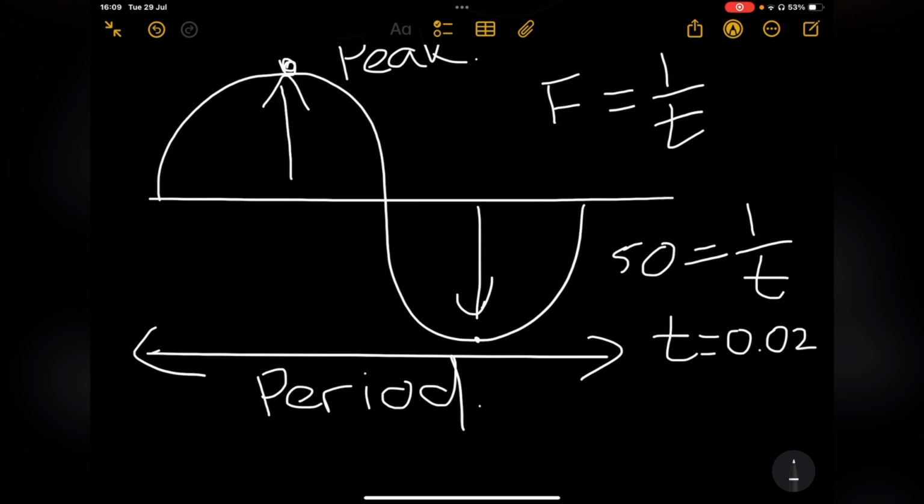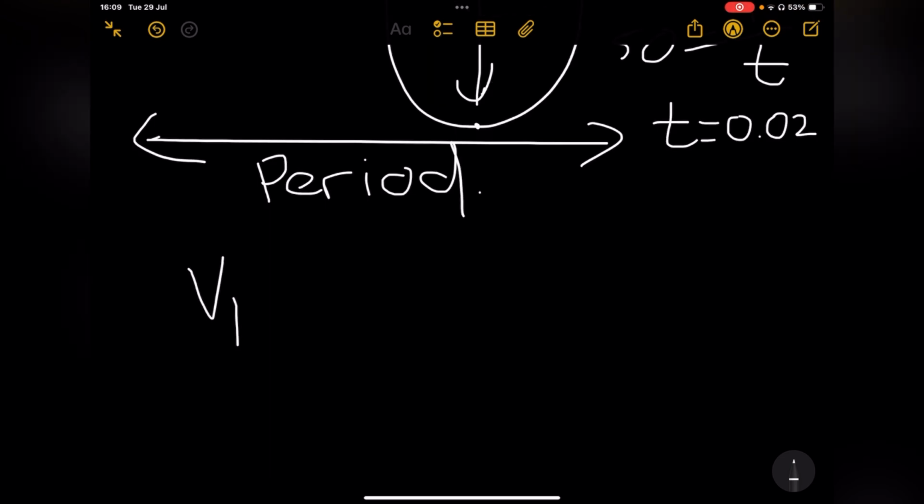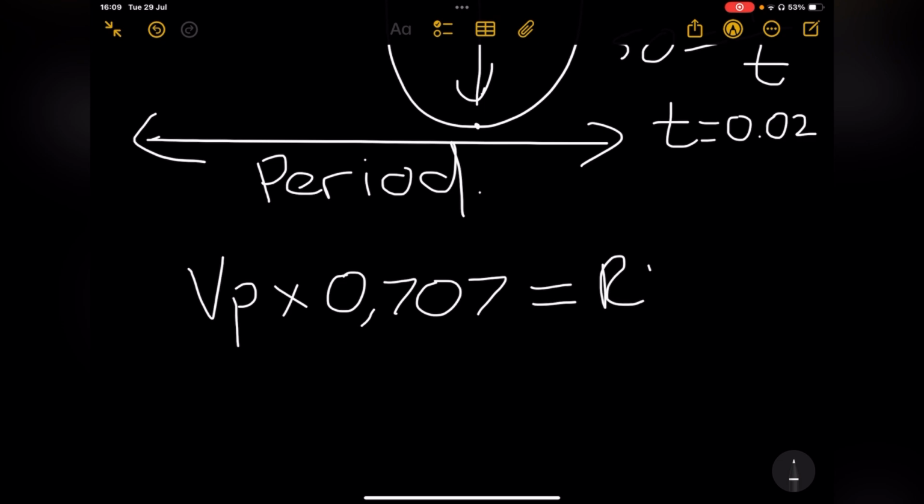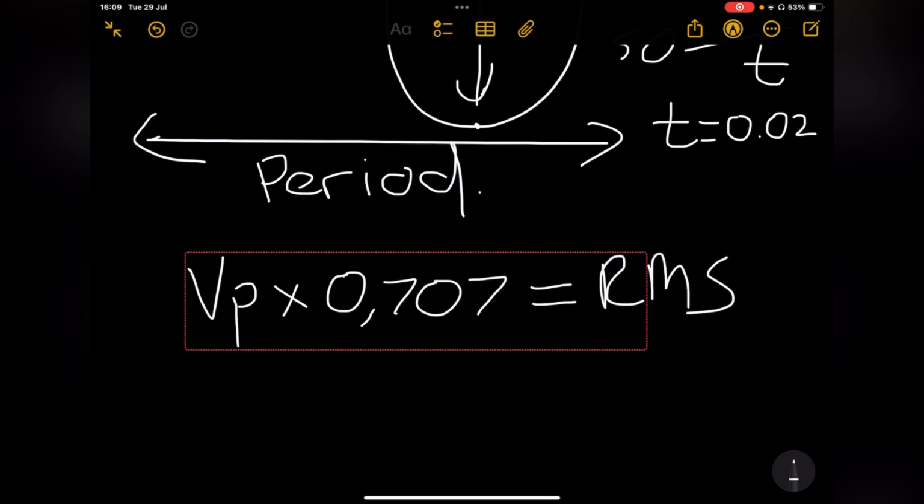If you integrate the top and the bottom, it basically comes down to 0. RMS value is the voltage peak times 0.707, correct? This is equal to the RMS value. So RMS value is very important. It's very used and it's fundamental to electrical engineering to understand the RMS value.